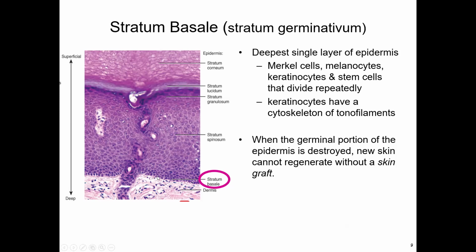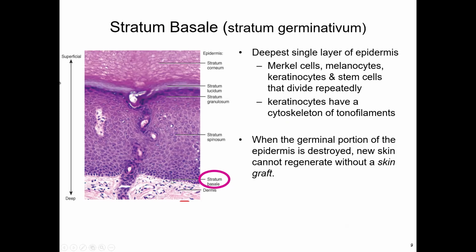And so the stratum basale cells are catching a rich flow of those nutrients, and this is why the stratum basale cells are able to divide constantly. There are limitless nutrients and oxygen that they can rely on.